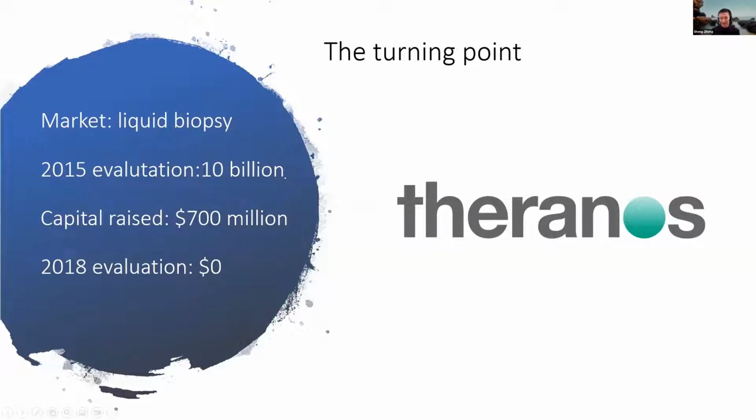Part of the reason was that it wasn't successful in delivering blood tests that would require only a very small amount of blood, and the company claimed that it had those technologies. It was discovered that the company didn't, the funds were very quickly exhausted, and the company was closed in 2018.